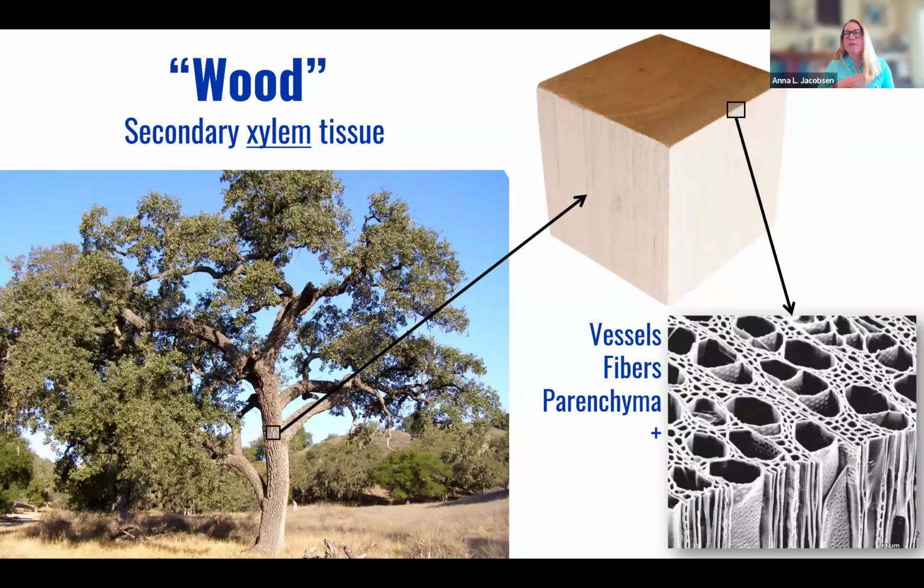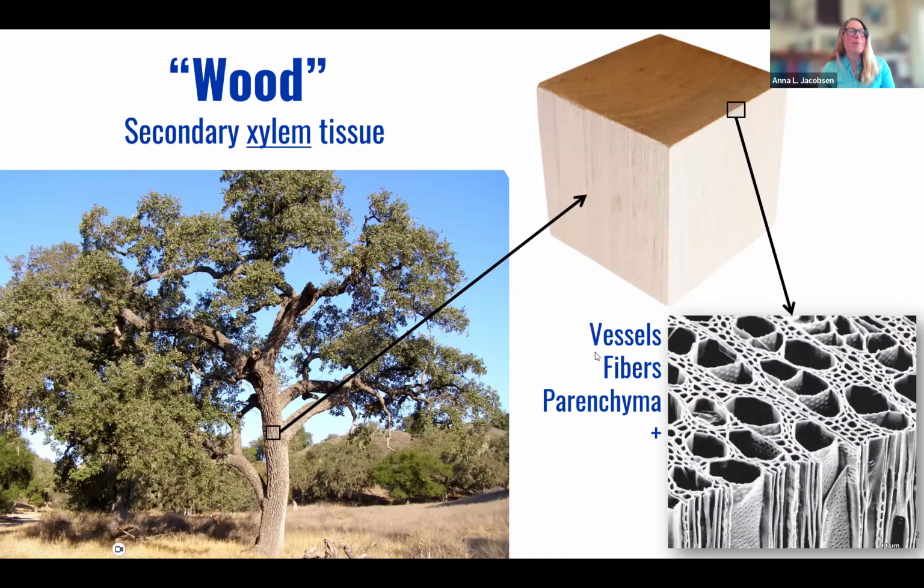So we call the mix of water and nutrients that move through the xylem sap. And so you might have heard the term sap before. But that is woody tissue, and I'm going to be focusing a lot on woody tissue because that's the anatomical and physiological focus of my research. And I'm going to be talking about just a few cell types within the tissue of xylem. So xylem is a complex tissue, which means it has several different cell types within the tissue.